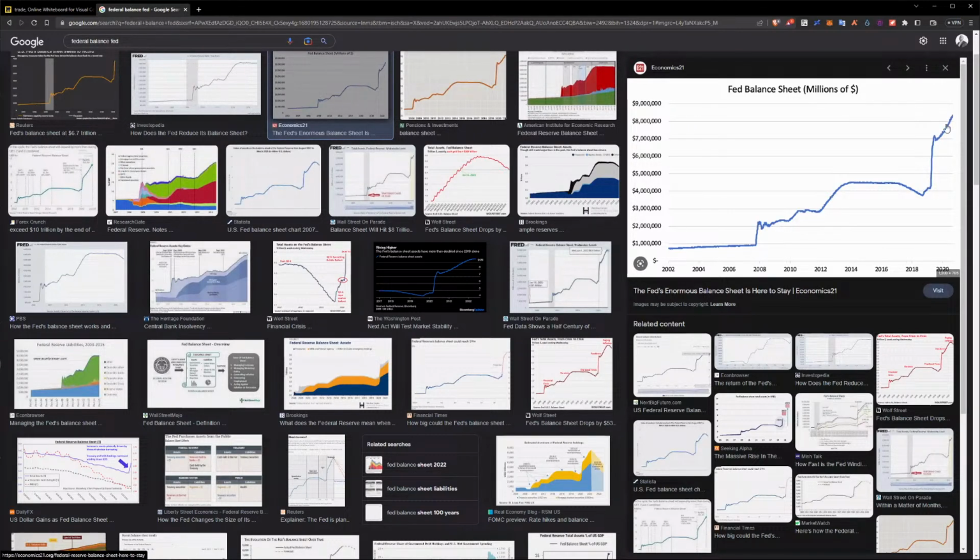The thing is that Powell also doesn't say it's not QE, because basically what happens is, let's say there are 10 units of money in the market. I have 5 units of money deposited in the bank, and in COVID what they did is they just printed money out of thin air and increased the amount of money to 25 from 10.